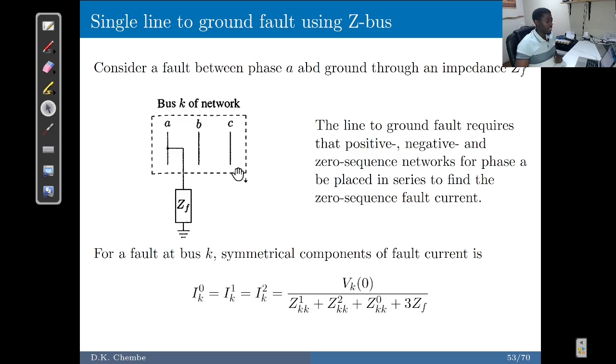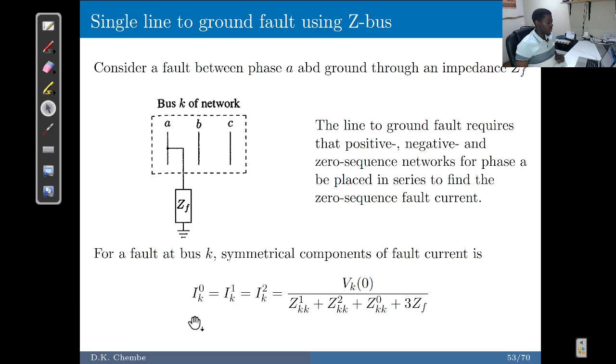What you have here is that we are considering the fault going through the fault impedance ZF. And to solve this requires that we have the zero sequence, negative sequence, positive sequence networks for phase A placed in series, that is in the connection in series, and then that's how we can find the zero sequence fault current.